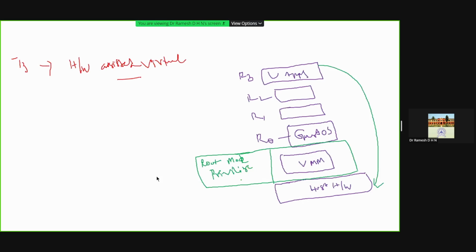Root mode privilege levels. Now again, see, this is a one-step communication, and as usual we have the communication from the VMM to hardware.